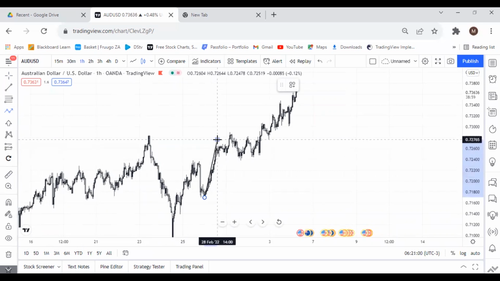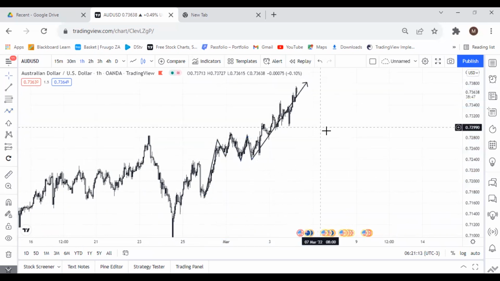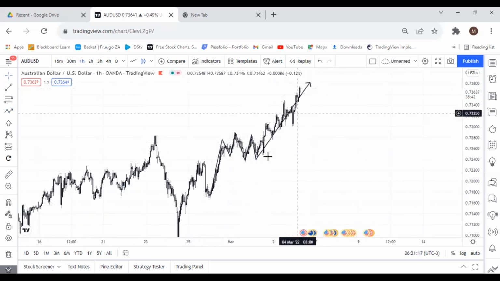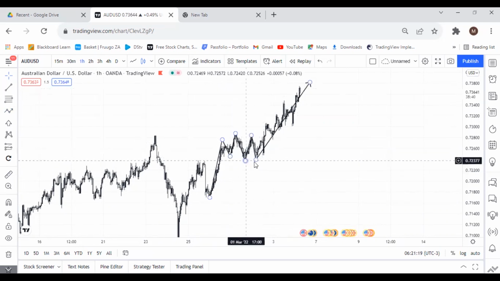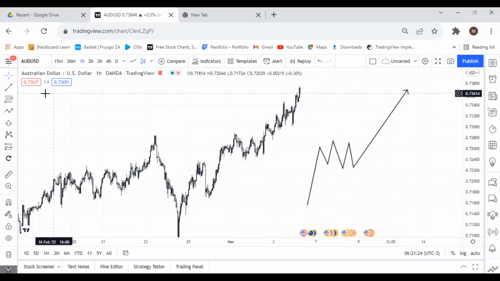From here, you can see we had a relatively flat correction right there, with decent touches, and now we're having an impulse, correction, impulse, right? You see that. So let me just put that aside.